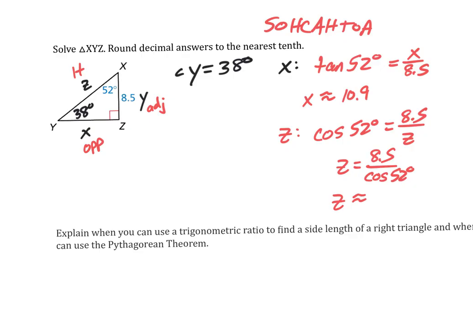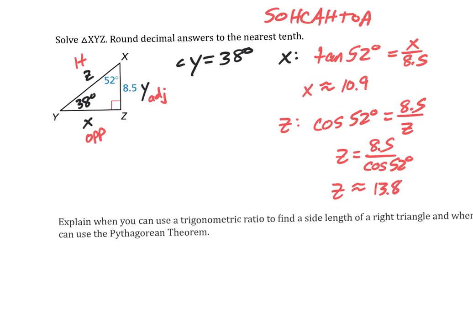Okay, what's that give us? Okay, 13.8. All right, so when it said solve, we've now got every piece of that triangle. We got 3 sides, we got 3 angles.